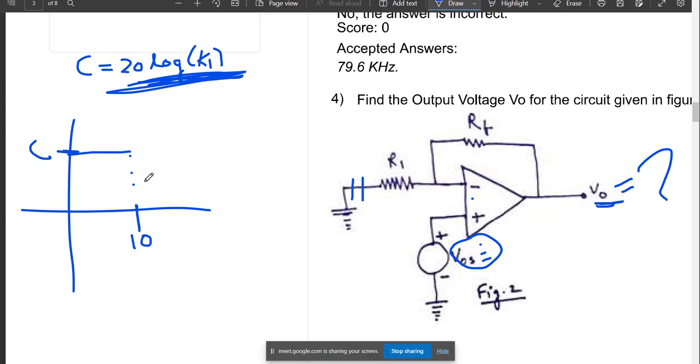Now at value 10, a zero is added to it. If a zero is added, the slope converts to plus 20 dB.